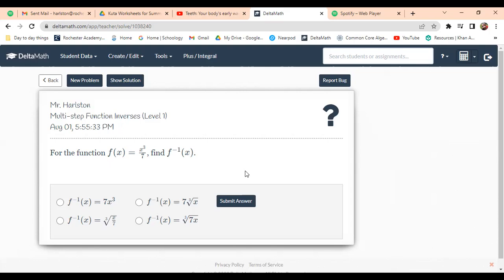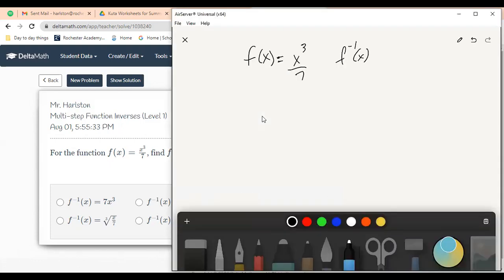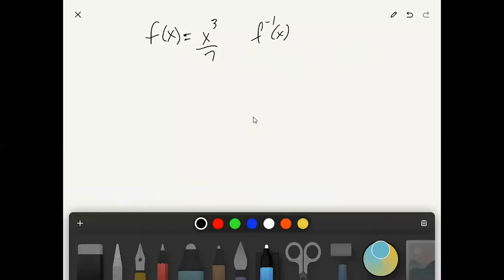Okay, so I am going to display my iPad on the screen. The first thing I would do is write this as y equals x to the third power over 7. And then we switch the x and the y. So this is x equals y to the third over 7.